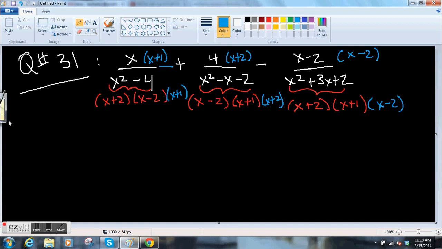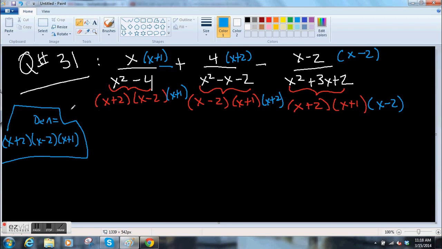On the bottom, our denominator is going to be x plus 2 times x minus 2 times x plus 1. To save space, I'm just going to leave this over here on the side and focus on the top.